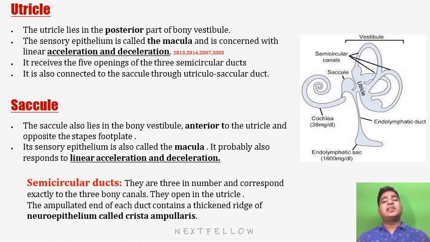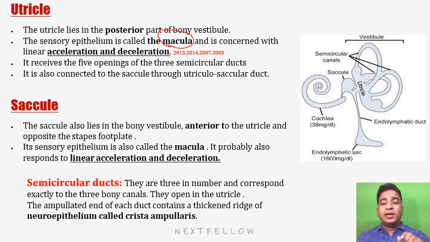The utricle and saccule both have sensory epithelium, which is known as macula. So macula is the sensory part of the utricle and saccule, and it is responsible for linear acceleration and deceleration. Now tell me, for angular acceleration and deceleration, which structure is responsible?